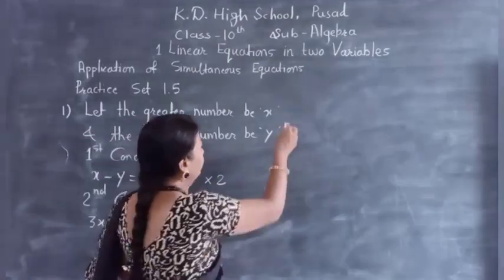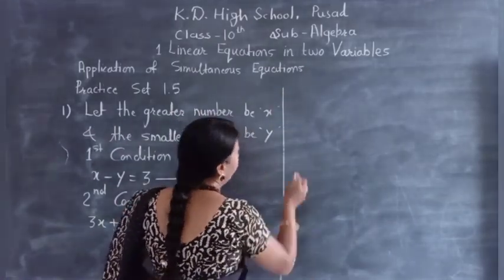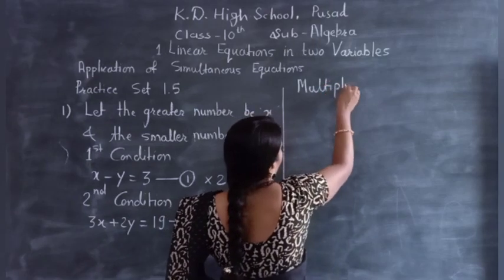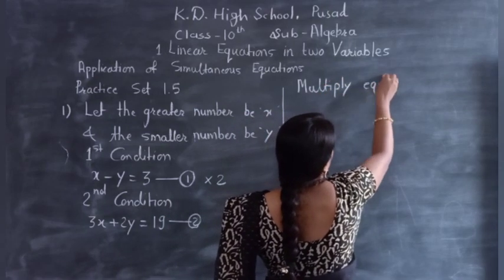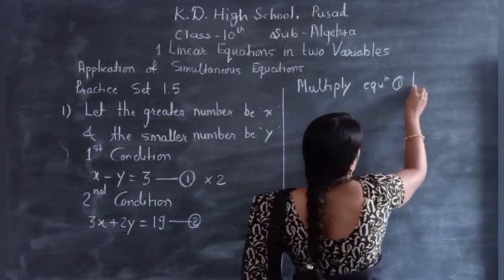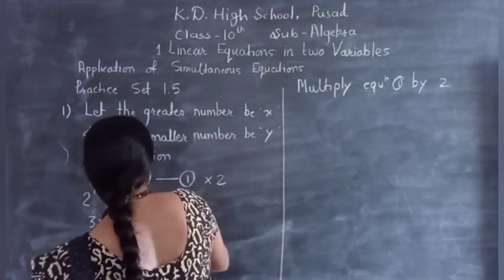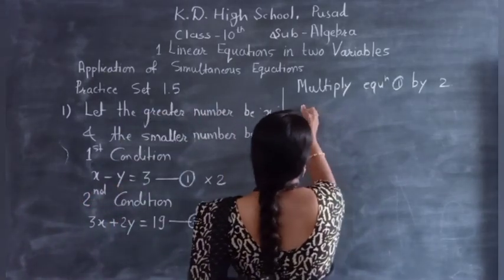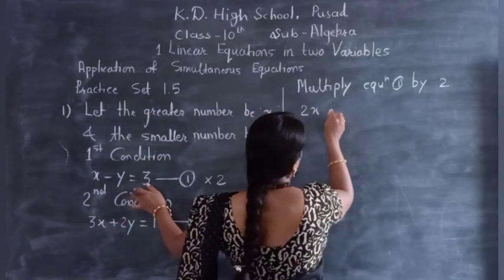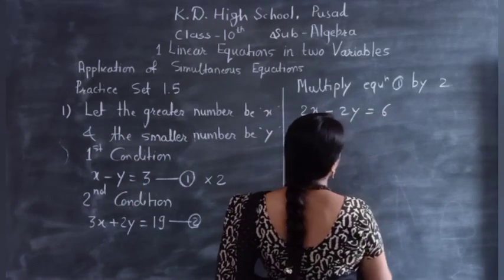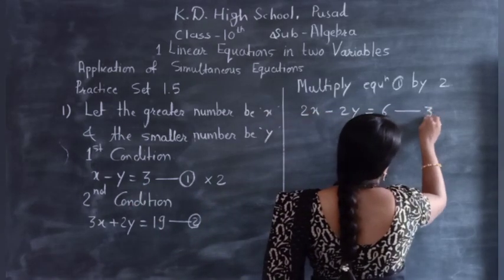Multiplying equation 1 by 2, what we get? 2x minus 2y is equal to 3 twos are 6. This is our equation number 3.